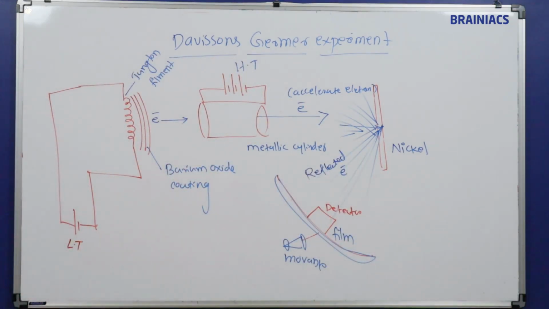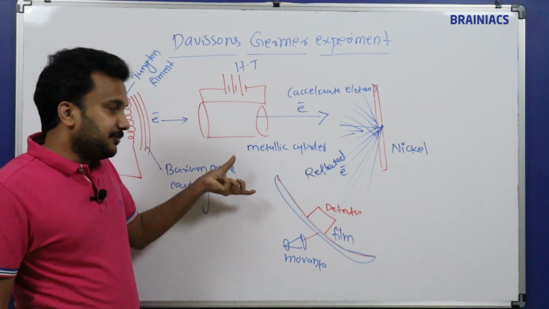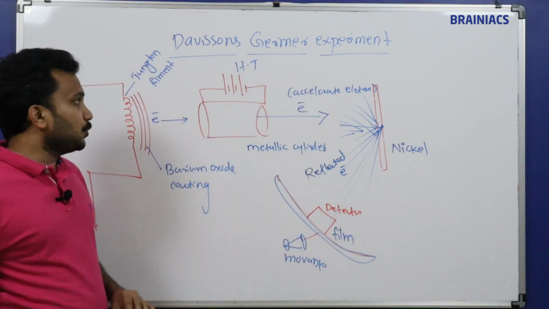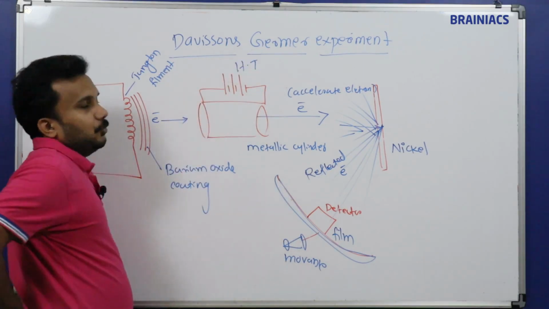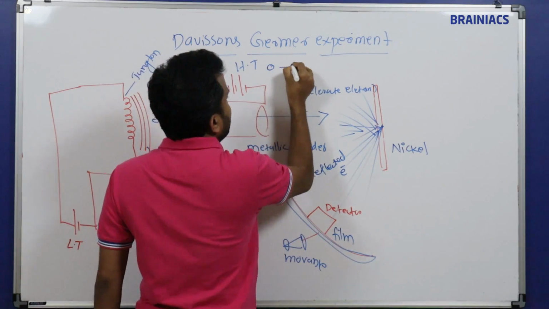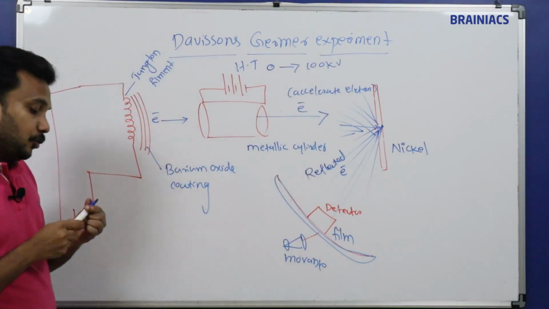What he observed is that this detector, listen very carefully, can be easily moved like this. This is a high tension voltage, and we assume it can be changed from 0 to maybe some 100 kilovolts. Okay, it can go to a high range.